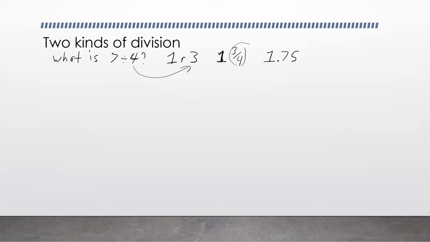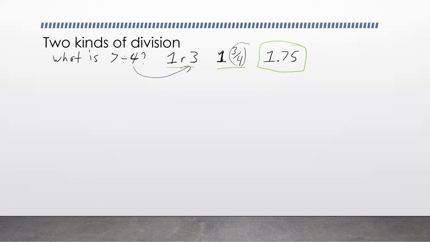So today, you probably would put 7 divided by 4 into a hand calculator, and 1.75 is the answer you would get out. So if I asked you what is 7 divided by 4, you'd probably say 1.75. But each of these answers is correct. None of these answers is wrong.